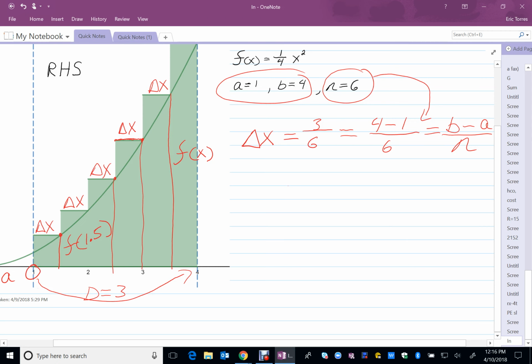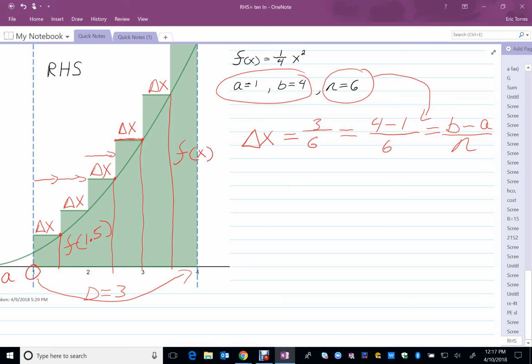So I didn't start at A, but what I did have is A moved over exactly 1 unit of delta x, 1 width, because that's 1 width, and the next rectangle is going to be 2 widths, and the third rectangle will be 3 widths over, and each one of those widths is a delta x.